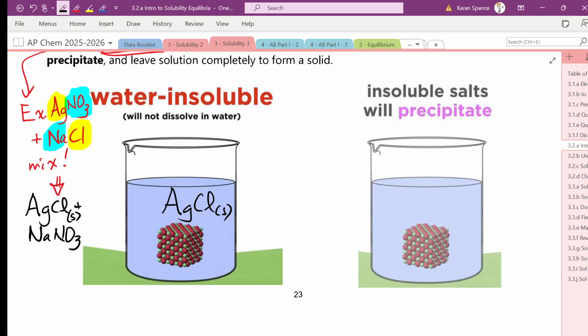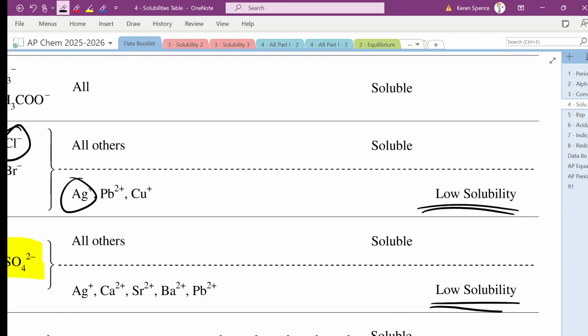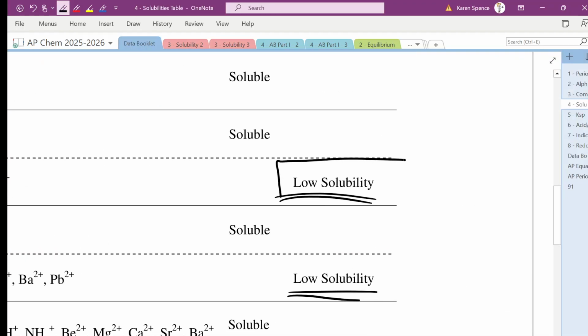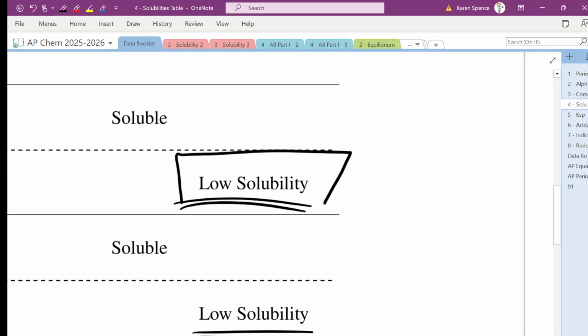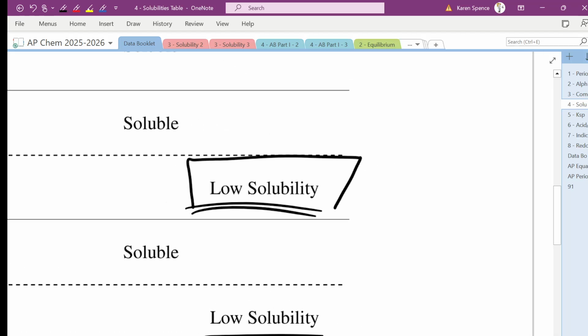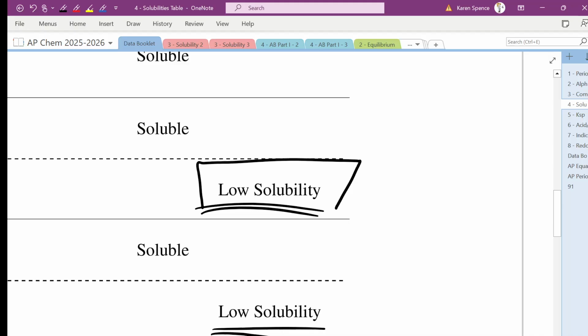This is not the complete picture. And one of the reasons we know it's not the complete picture is we don't actually use the word insoluble. We use the words low solubility. Yes? So that has a little different meaning.